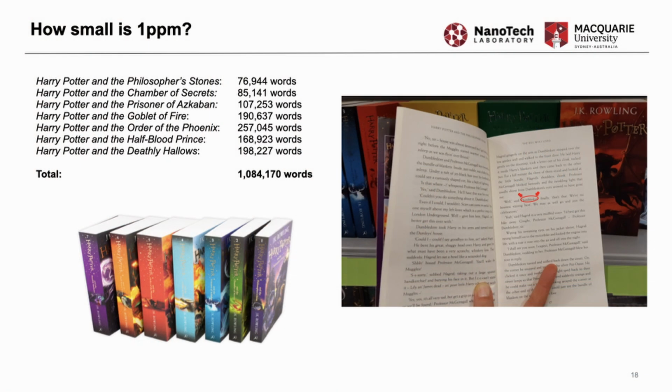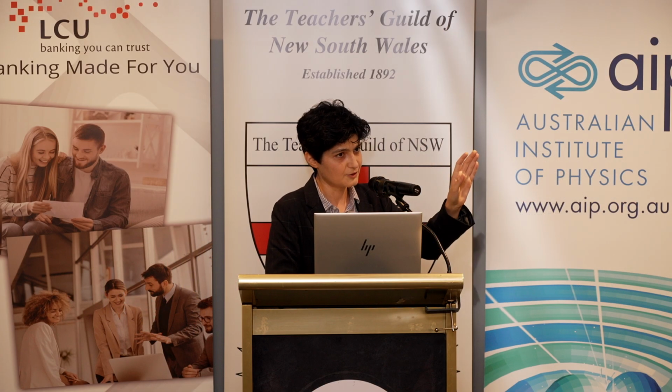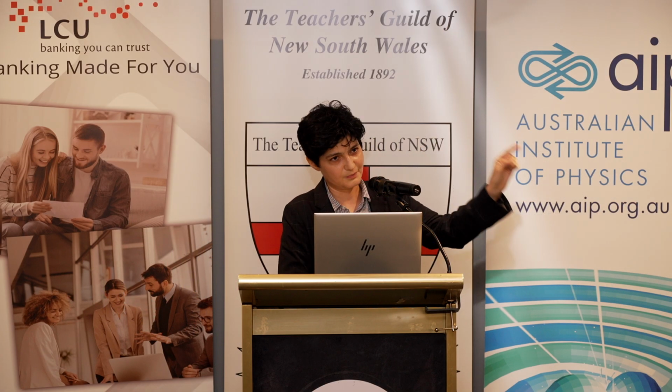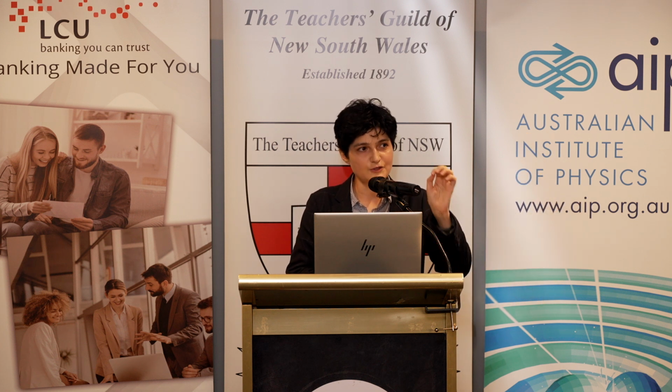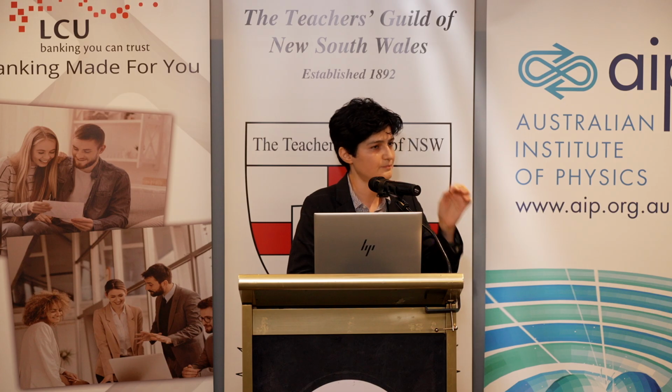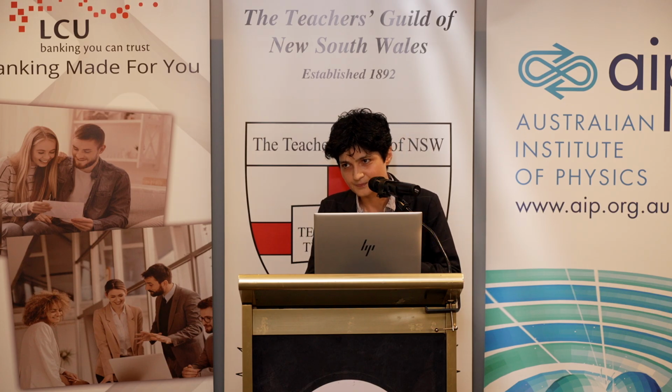So in order to detect diabetes using breath rather than blood, your technology should be able to search all these seven books in a matter of seconds and find Dumbledore, not every Dumbledore, but the one on page 17 of Harry Potter and the Philosopher's Stone. If your sensor can do that, then you can pick up diabetes by analyzing human breath rather than blood.